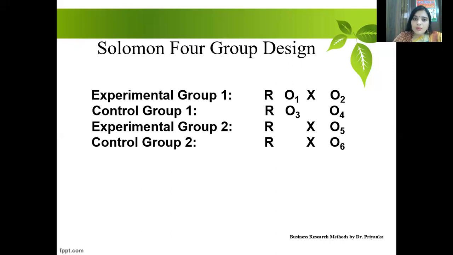When we talk about quasi-experimental designs, the one-shot design is actually not 100% relevant in every case. So that is being replaced by the post-test only control group design, so as to get some things controlled.